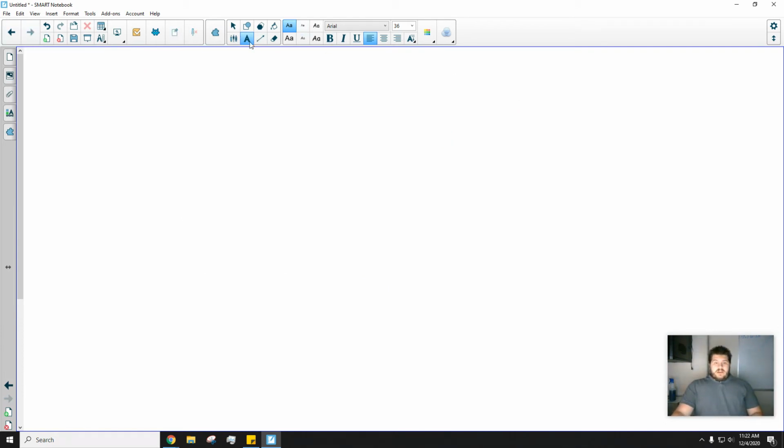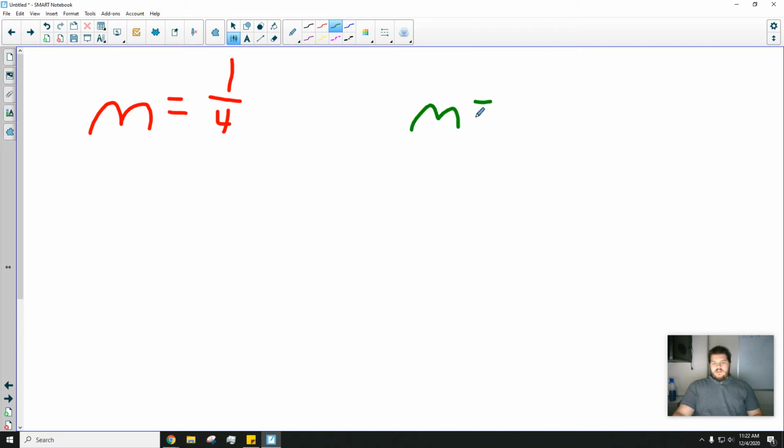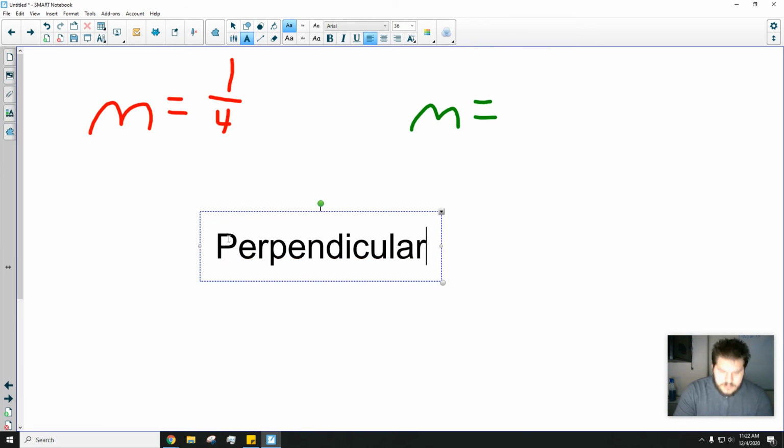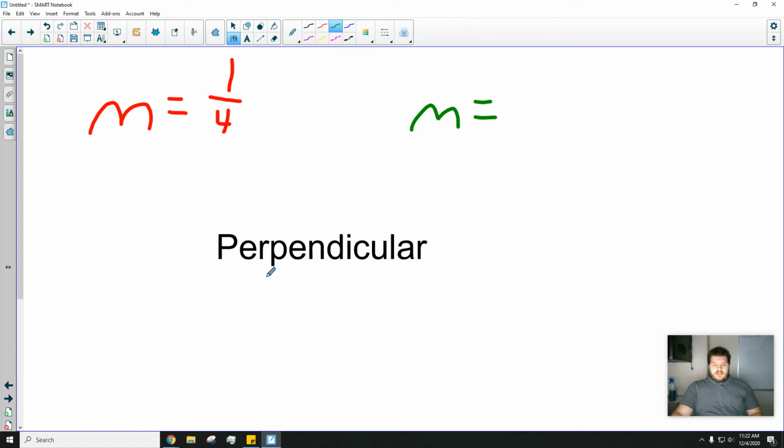For example, if I gave you a question where I said that the slope of one line is, I don't know, 1/4. What is the slope of the other line, given that these two are, again, perpendicular? Well, perpendicular lines have opposite reciprocal slopes.